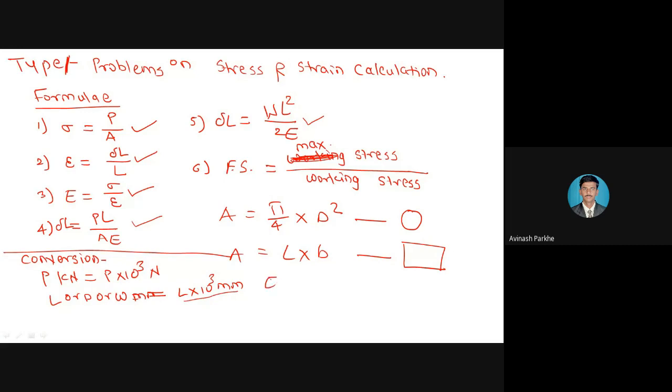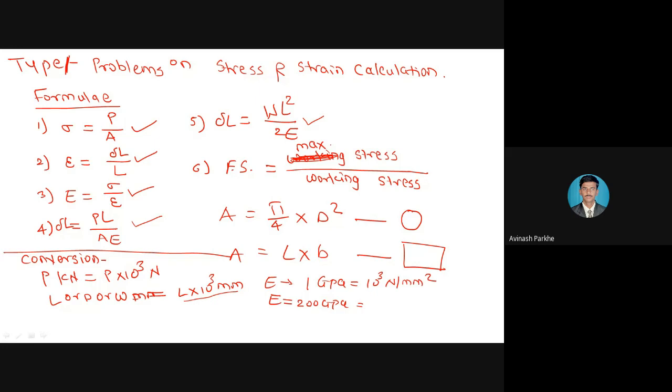If E, the Young's modulus, is given in gigapascal, for example, 1 gigapascal is equal to 10 raised to 3 Newton per mm square. For example, in your statement, E is equal to 200 gigapascal. But what is our requirement?